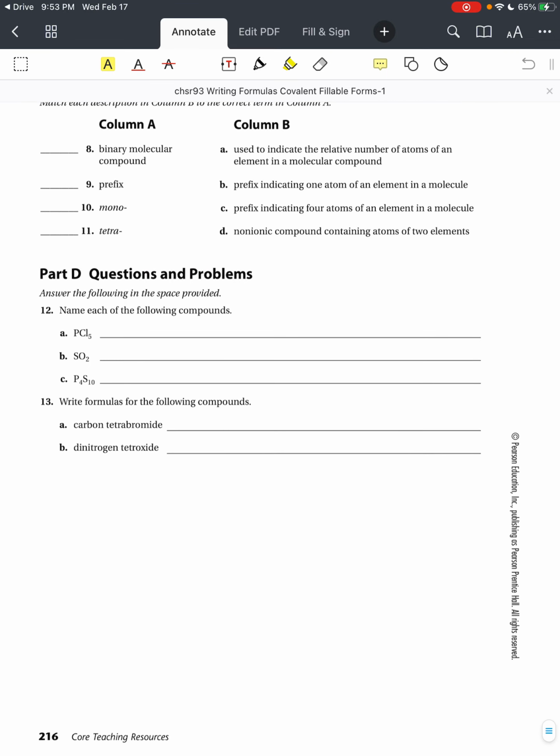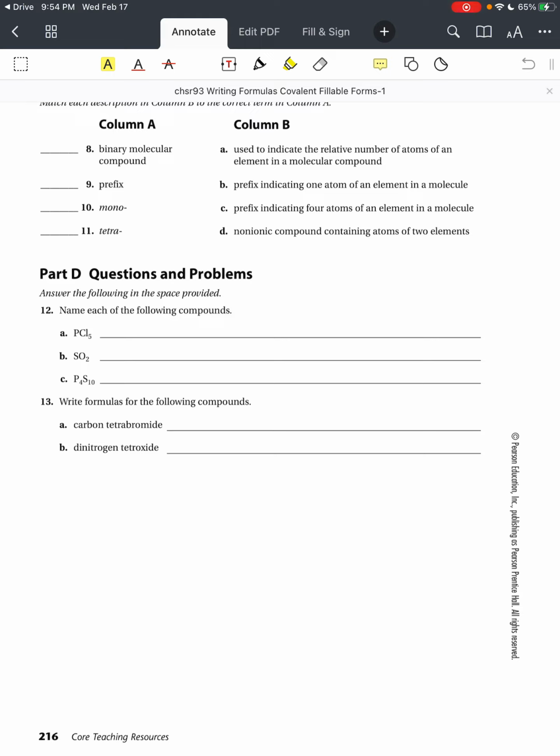So let's talk about the matching. A binary molecular compound, number 8, corresponds to D, ionic compound containing atoms of 2 elements, so 8 is D. Number 9 is A. A prefix is used to indicate the relative number of atoms of an element in a molecular compound, so 9 is A. Number 10, mono, is a prefix meaning one atom of an element in a molecule, so 10 is B. And 11, tetra, is a prefix indicating 4 atoms of an element in a molecule.